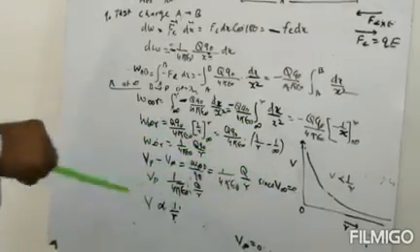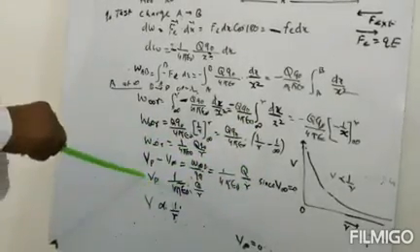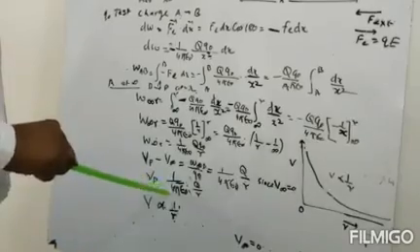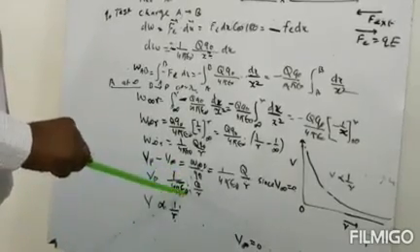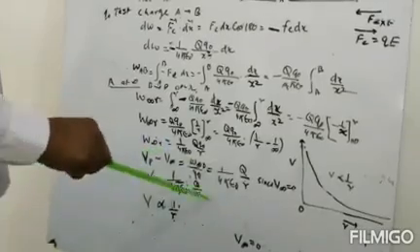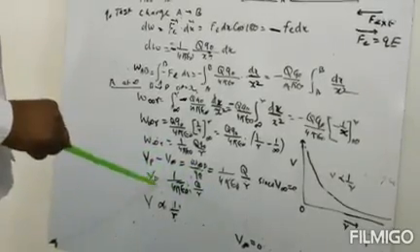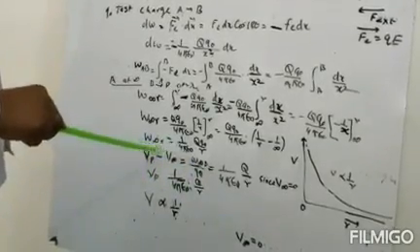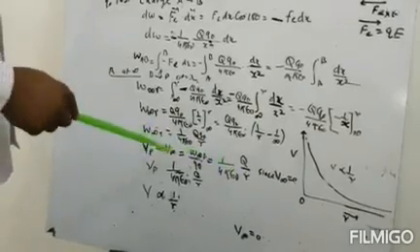So Vp will be equal to 1 by 4 pi epsilon 0 Q by r. So this is the potential at point P, where the potential V infinity is 0.